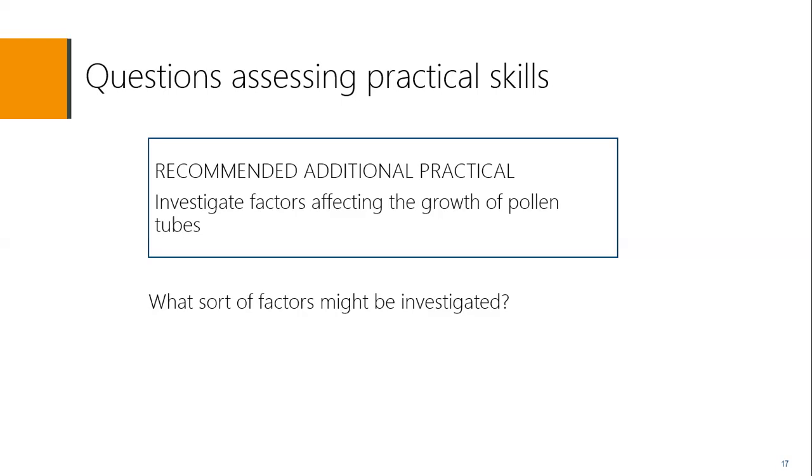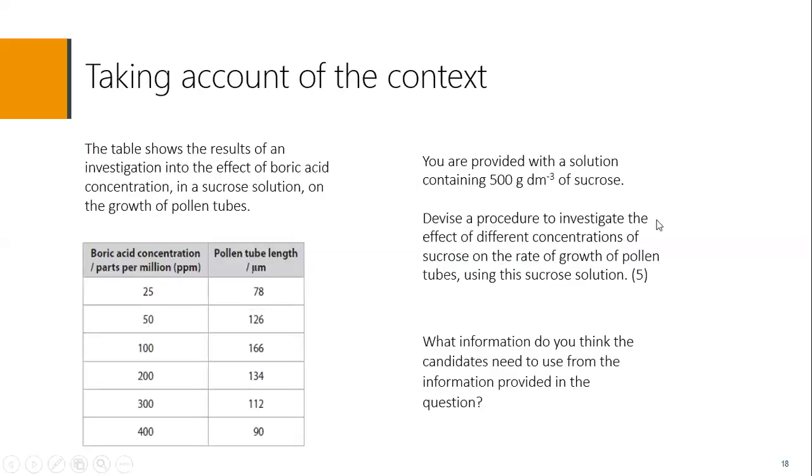Now, if we have a look at a question from a past paper that's based on a practical. So this is again about pollen tubes. It shows the results of an investigation into the effect of boric acid concentration in a sucrose solution on the growth of pollen tubes.